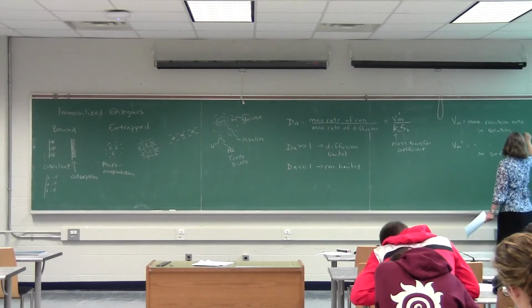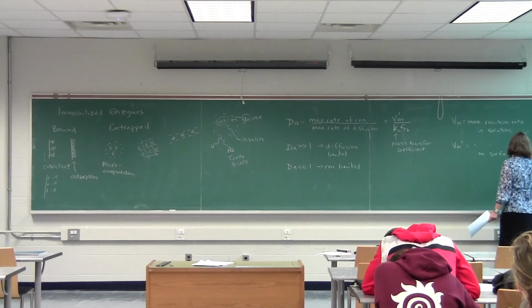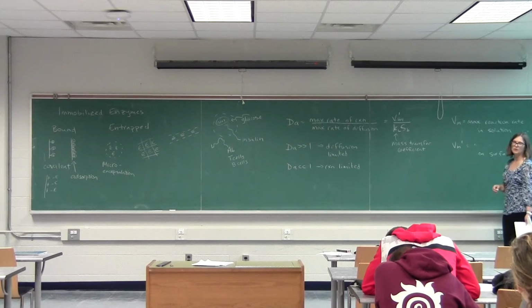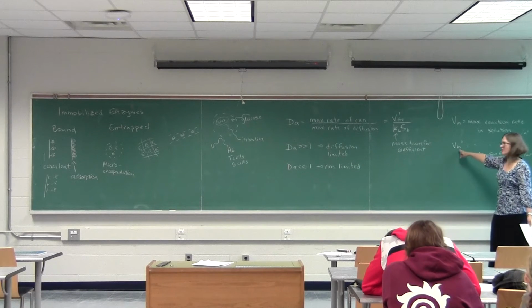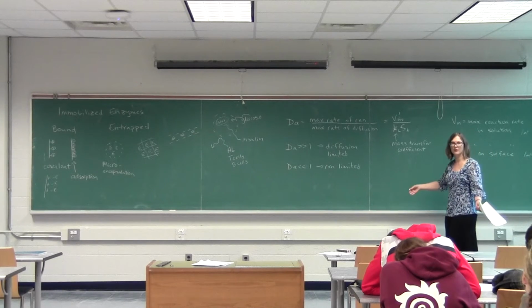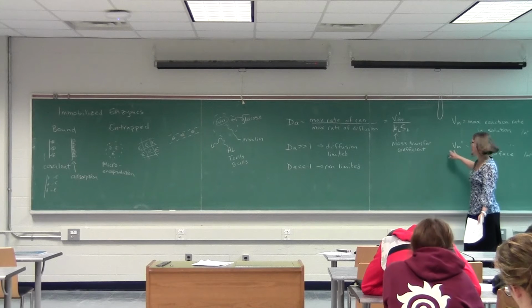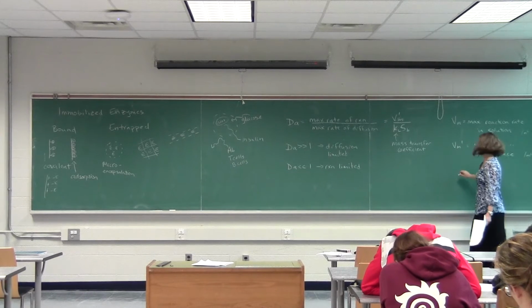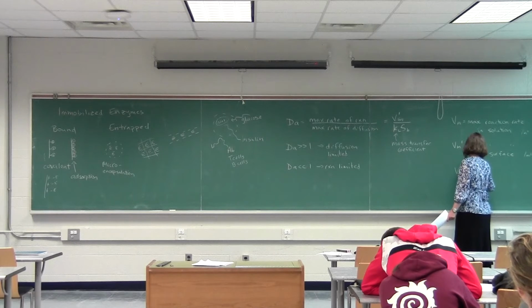So that should say per meter cubed. So that ends up being per meter squared or per centimeter squared or whatever. But if there's a prime, it's saying what the max reaction rate is per unit area. So this one is per volume of solution. This one is per unit area. Now there's another one we're going to come up with in a couple of classes. It'll be a double prime.